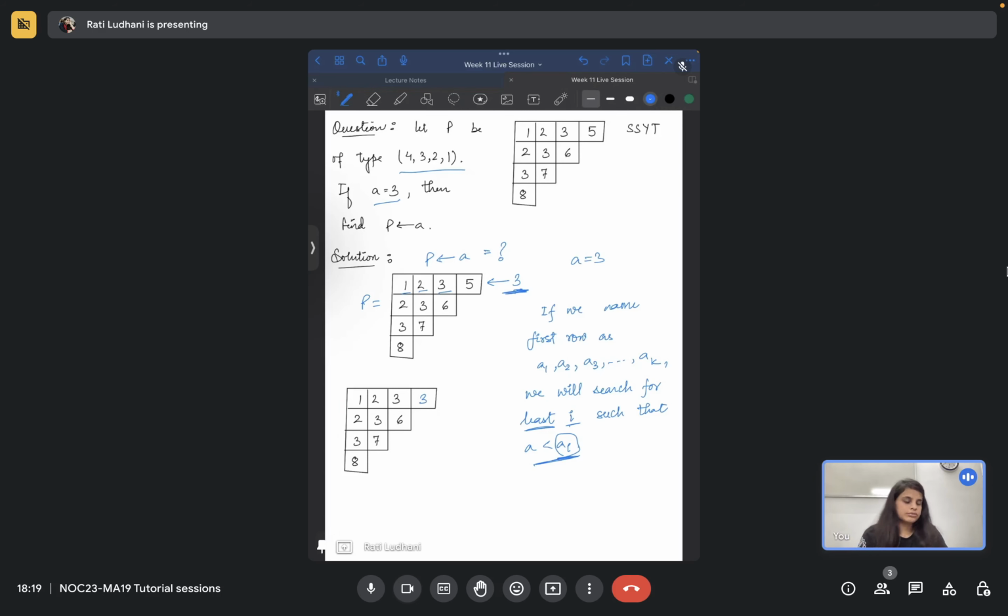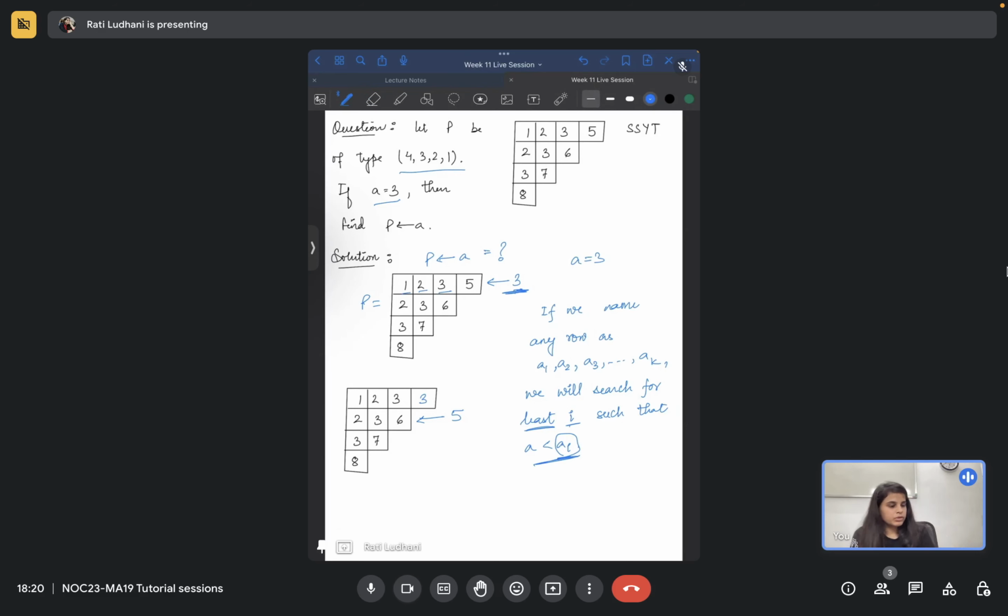Now we are inserting 5, because 5 is replaced by 3 and 5 is free now. We need to insert 5 in the next row. The same process applies to any row.